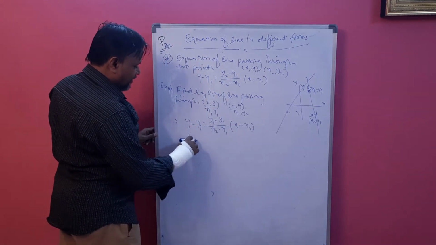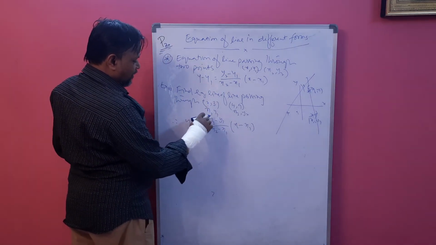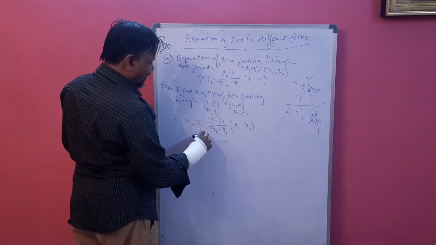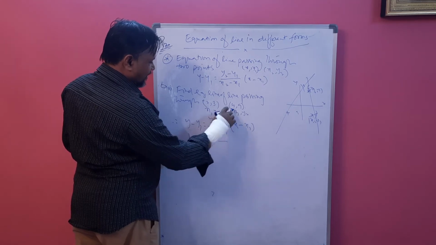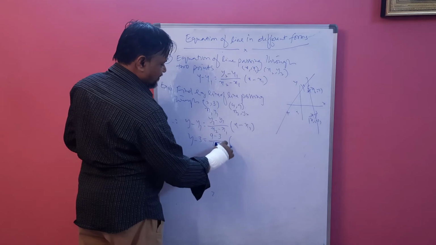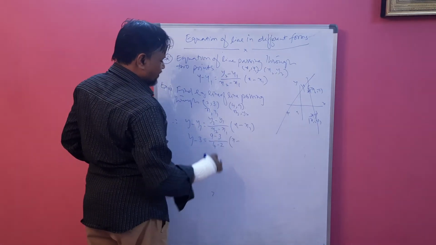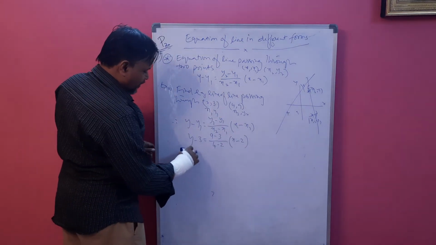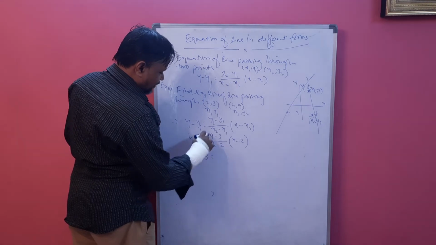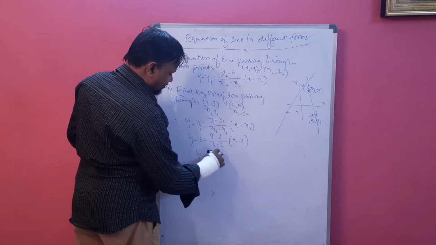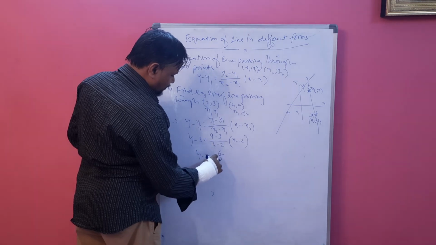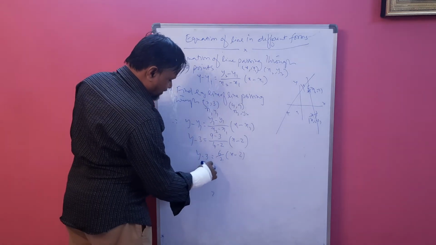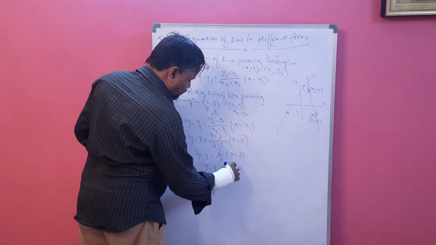Now substitute. y is there, y1 is 3, and y2 is 9, so 9 minus 3; here 4 minus 2; x as it is, x minus x1, which is 2. Now 9 minus 3 is 6, 4 minus 2 is 2, so 6 by 2 is 3. y minus 3 equal to 3 into (x minus 2).